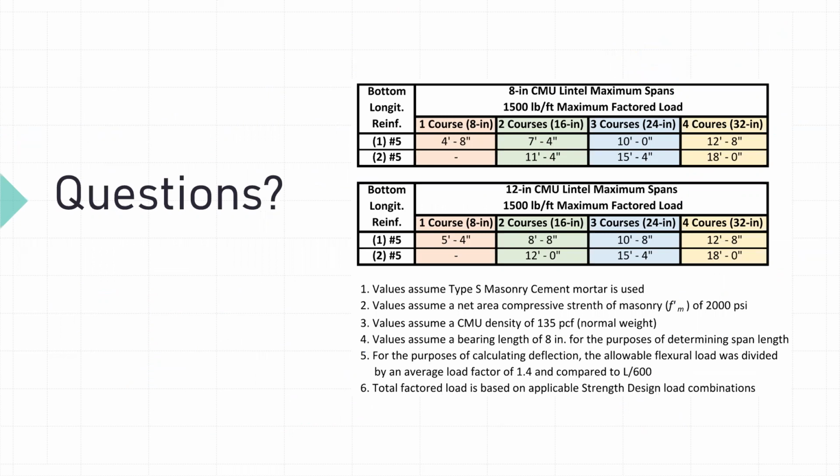So again, because of rho max with a 2000 PSI f'm, we cannot fit 2 number 5 bars in a lintel. But if we had a 2-course lintel, so a height of 16 inches with 1 number 5 bar and 1,500 pounds per foot applied load, we could reasonably go 7'4" with 1 number 5 bar, 11'4" with 2 number 5 bars. 4 courses, we could go 18 feet with 2 number 5 bars.